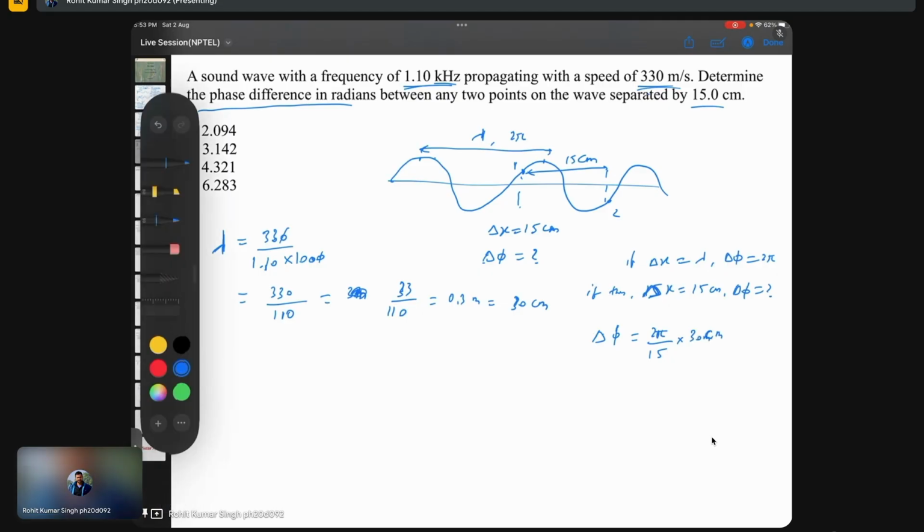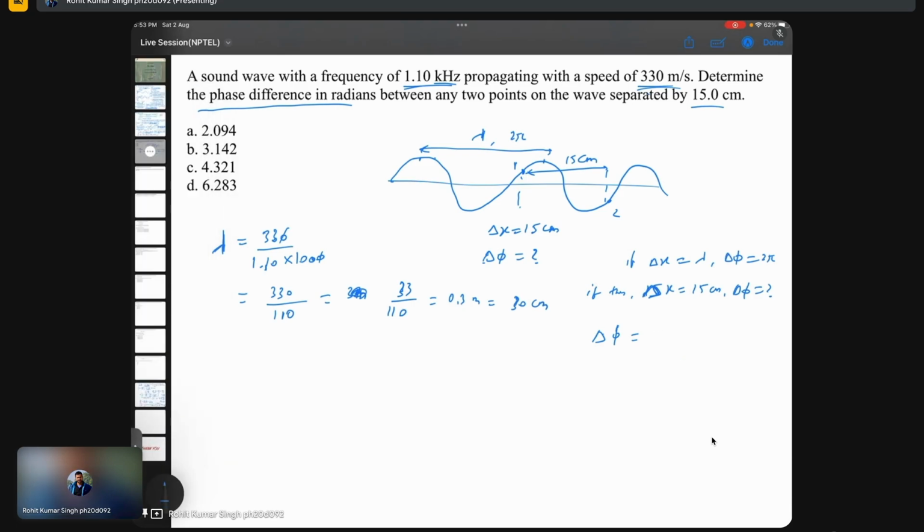Oh, sorry, other way around. 2 pi by 30 into 15 centimeter, right? So delta phi will be pi.